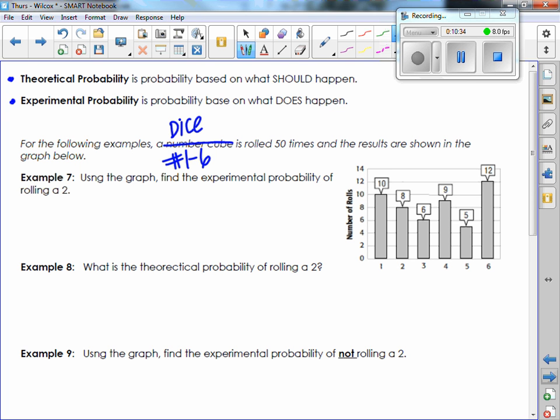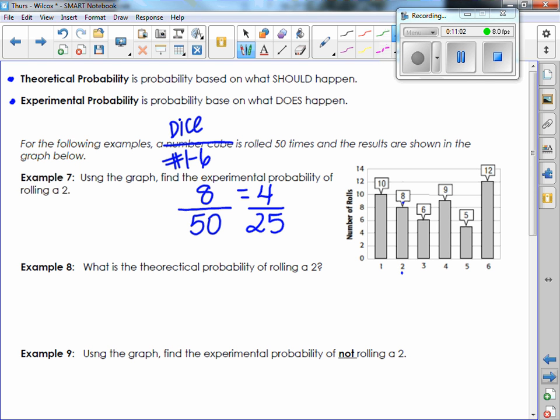So we can see our 2 was rolled 8 times out of the 50 times total. If I simplify that, divide 8 by 2, which is 4, 50 divided by 2 is 25, and that cannot be simplified any further. So remember, this is all experimental because I'm using the table that they've given us.